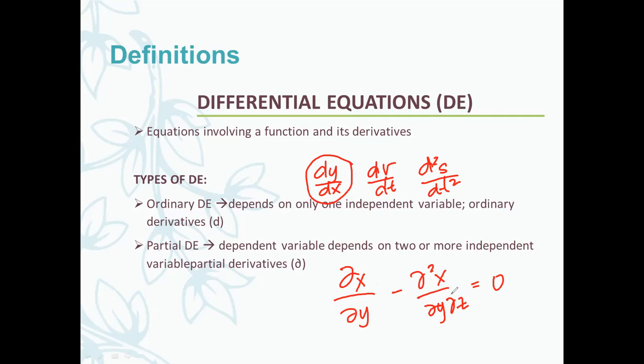So the two are distinguished based on the number of independent variables that it has. Ordinary, only one; partial, more than one. But in terms of the look, if we simply base it on how they are written, then it's easy to tell which is partial and which is ordinary. So this is ordinary, this is partial derivatives.